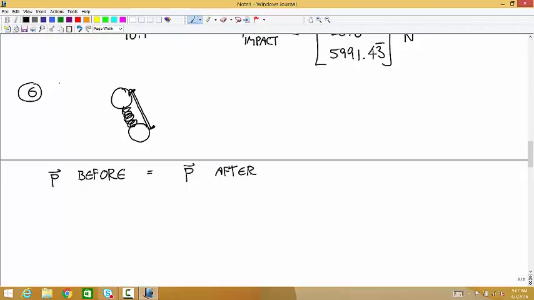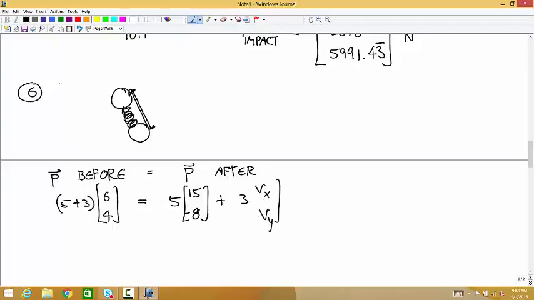Before, you have a 5 and a 3 moving as a single object with a velocity of 6, 4. And after, you have a 5 with a new velocity of 15, -8, and a 3 with an unknown velocity vector.